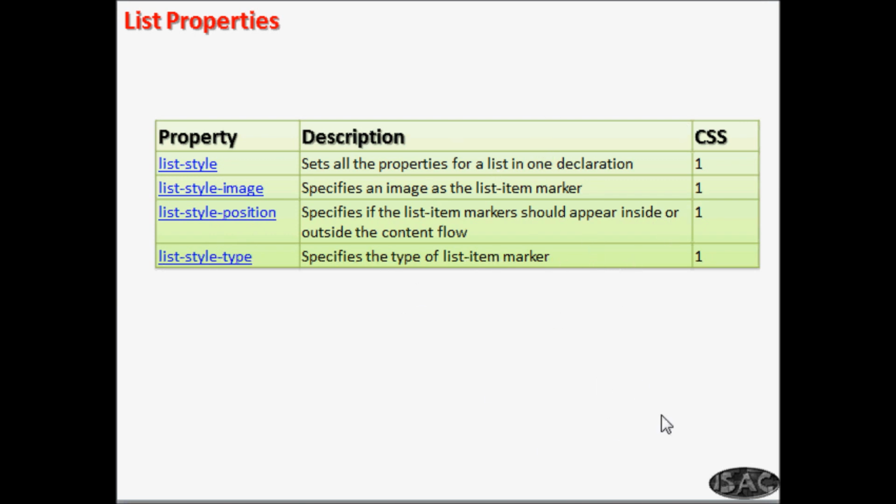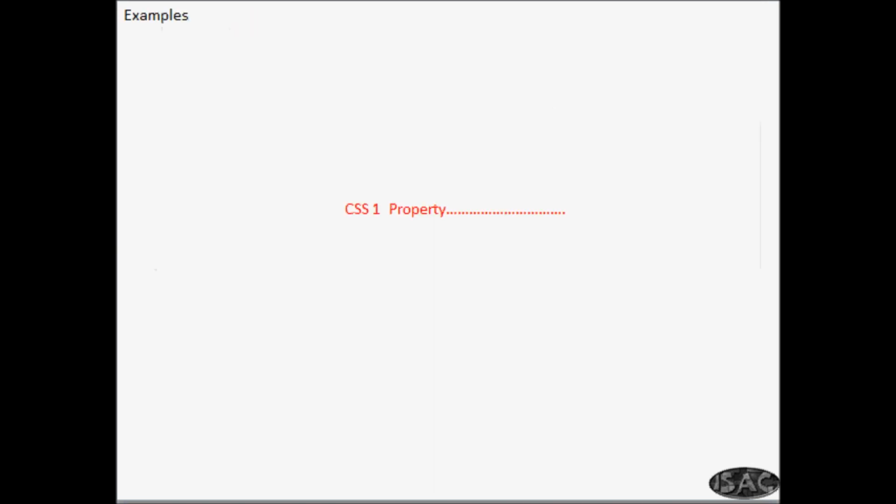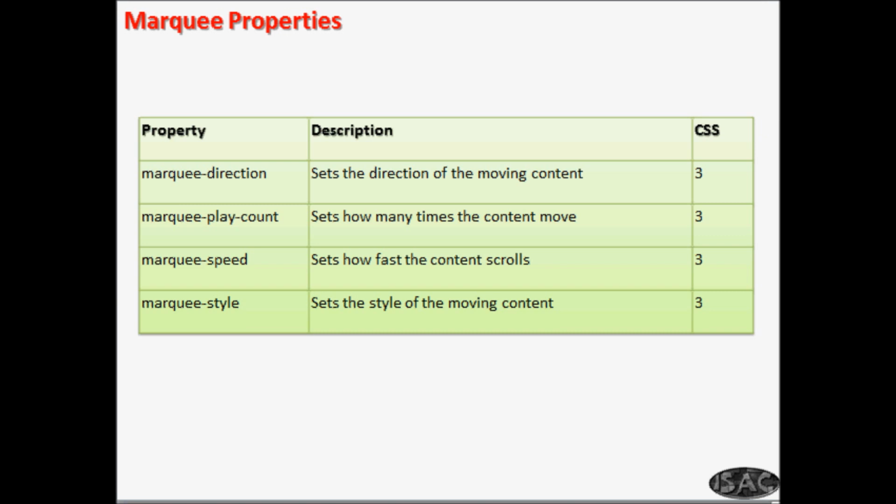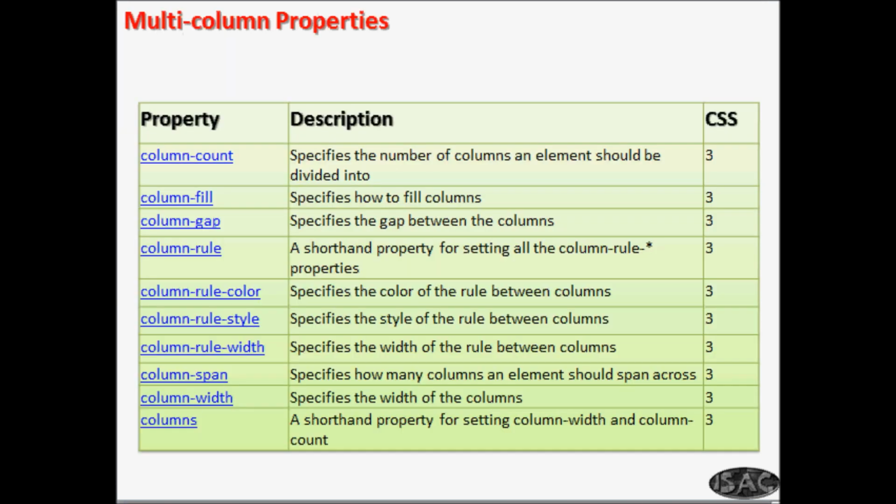So these are old CSS1 properties, and we have seen them in CSS1 and CSS2. Even if we talk about margin properties, these are also very old: margin-bottom, margin-left. They are all CSS1 properties only, right? Marquee. Some new properties have been introduced in Marquee: marquee-direction, marquee-play-count, marquee-speed, and marquee-style. But still, they are not developed or implemented by any browser.